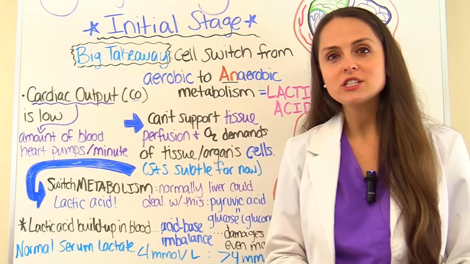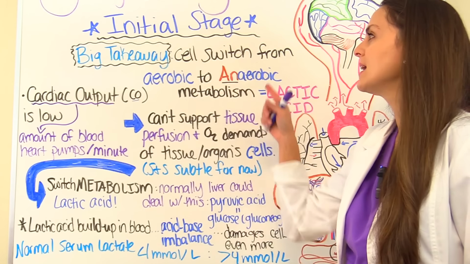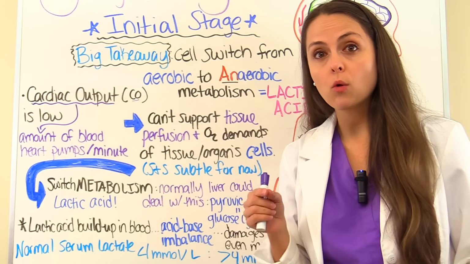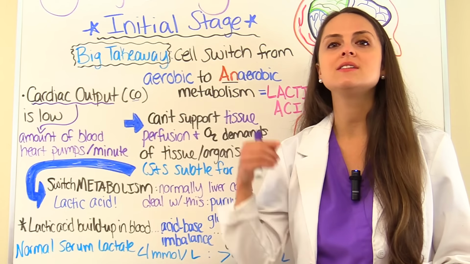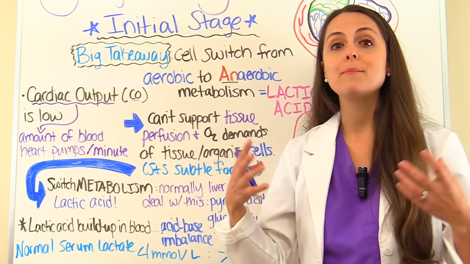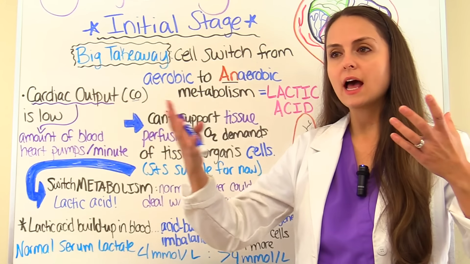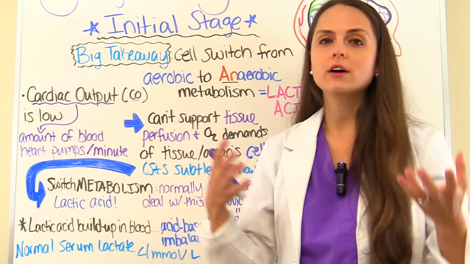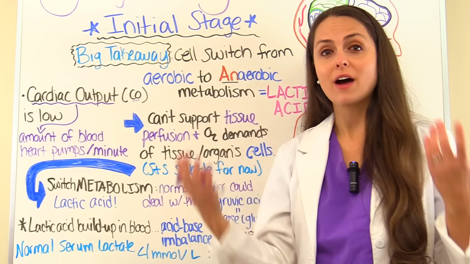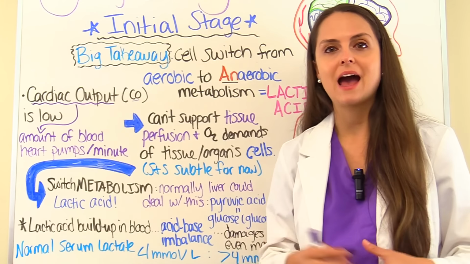Okay, that first stage of shock is the initial stage. Now the big thing I want you to take away from this stage is how that cell starts to behave due to hypoxia. It's not receiving a lot of perfusion, so it's not receiving a lot of oxygen. And to help it survive, it switches the way it metabolizes.